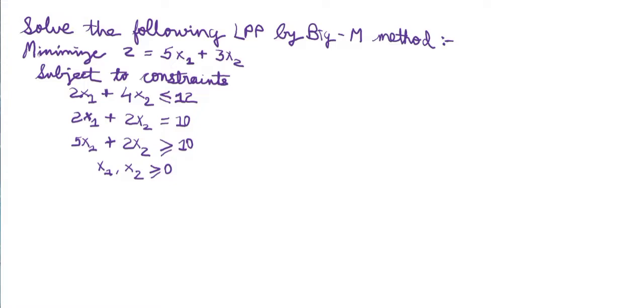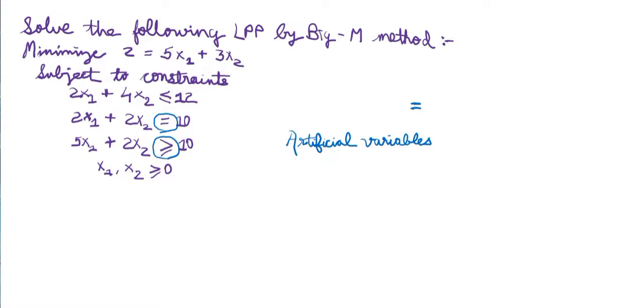Now here our first step will be to introduce the slack variables, surplus variables and artificial variables. First of all, as you can see here, the equality constraint is given, so there we'll have to introduce an artificial variable.